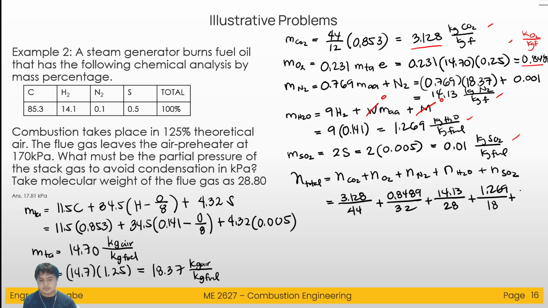And then for sulfur dioxide, we have 0.01, and then you have 64.